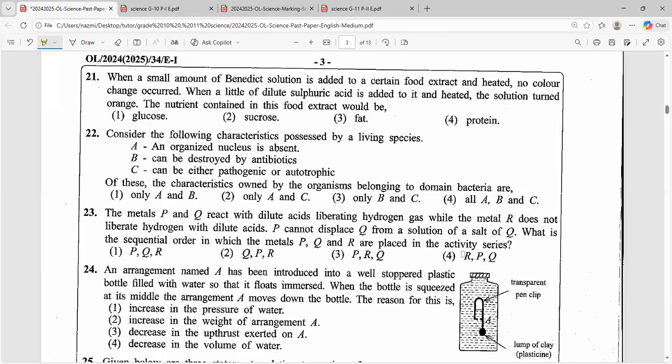Now see, they are putting Benedict solution. Did you get any color change? No. Again you put some acid, and then they got the color change. Then that's sucrose. But glucose directly with Benedict will give the color change. That's why the answer is not glucose but sucrose.